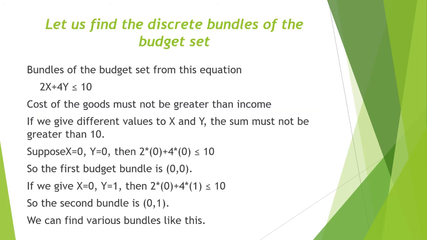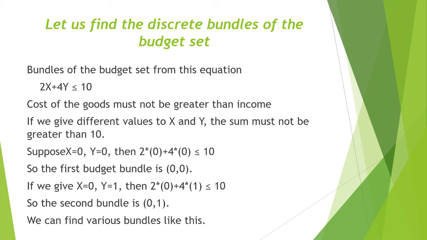Let us find the discrete bundles of the budget set 2x + 4y ≤ 10. As we know, the amount spent on goods must not be greater than our income. In this problem, if we give different values to x and y, the sum must not be greater than 10.